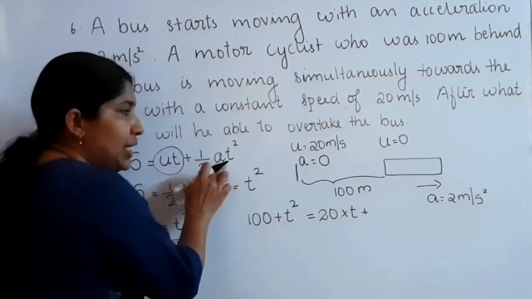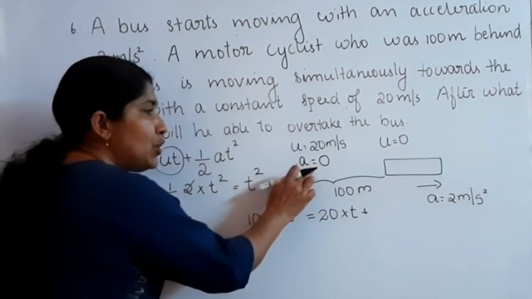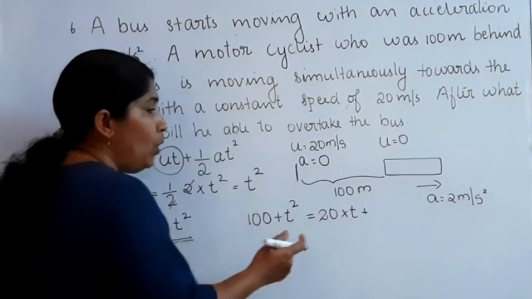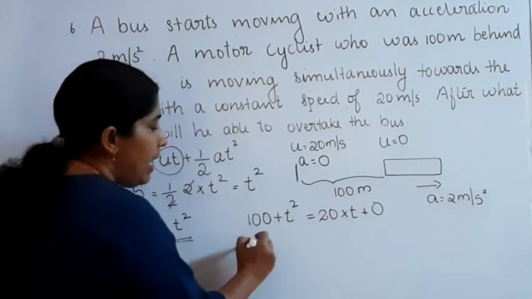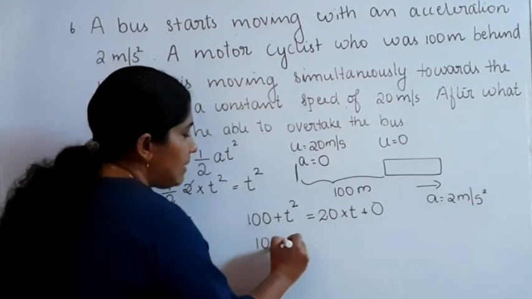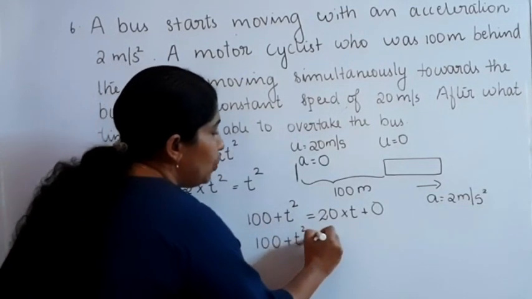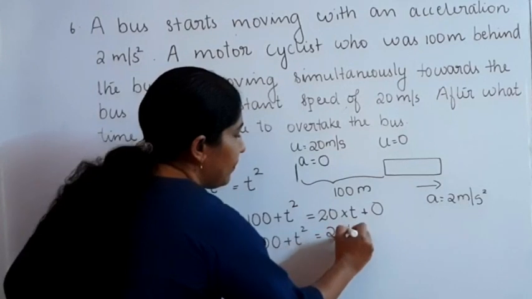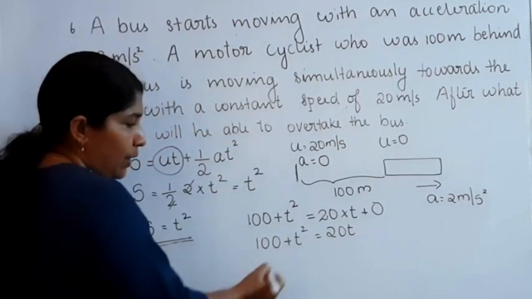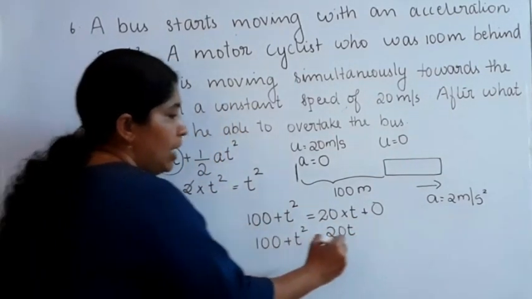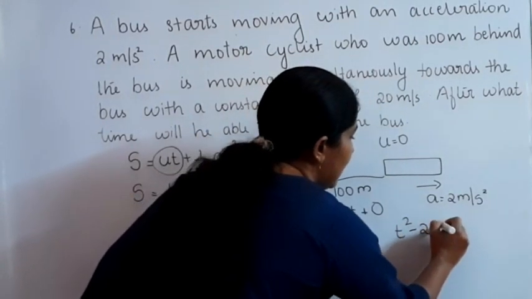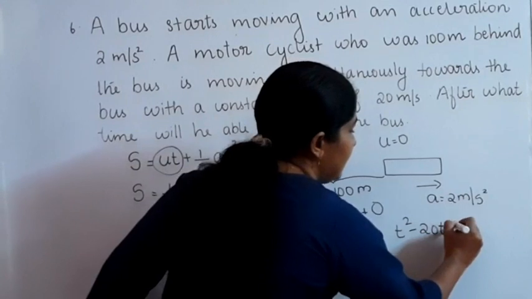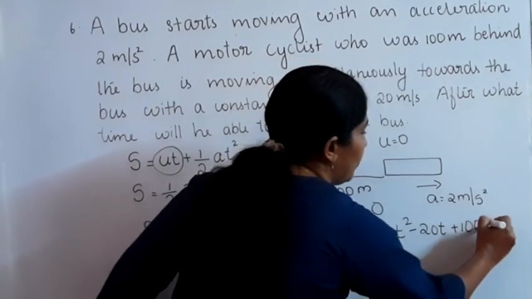The acceleration of the motorcyclist is equal to 0, therefore the second term becomes 0. Then 100 plus t square equal to 20t. On rearranging this equation, t square minus 20t plus 100 equal to 0.